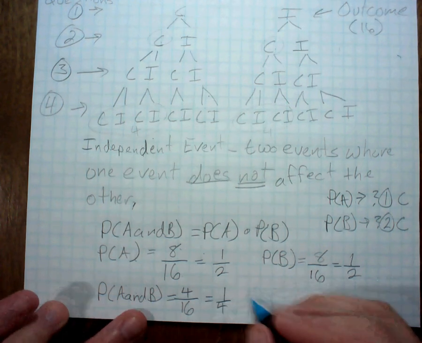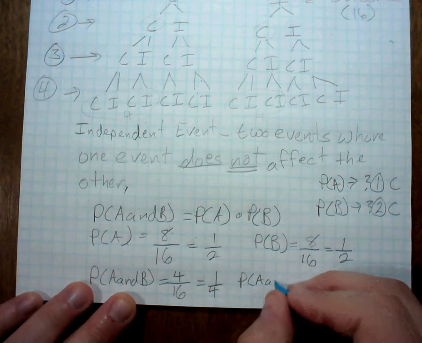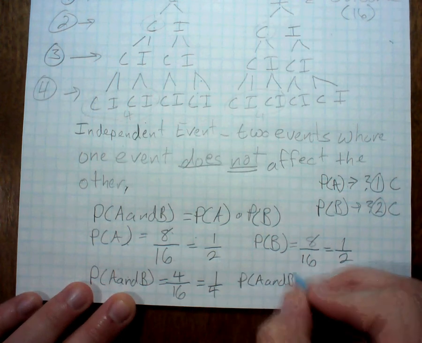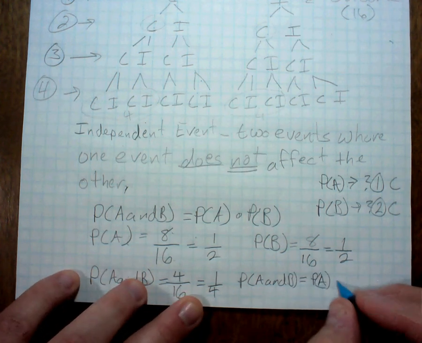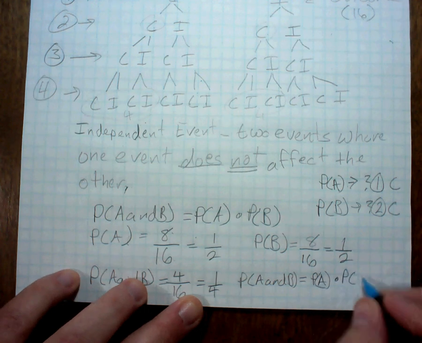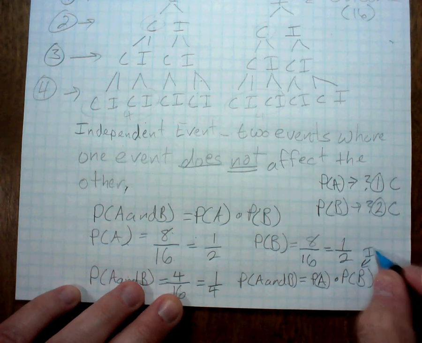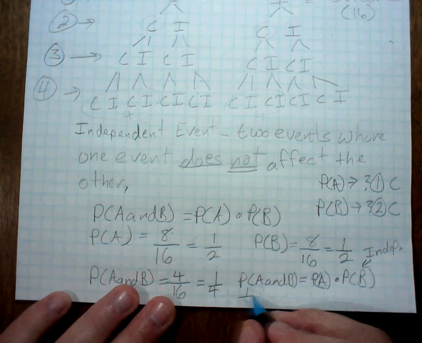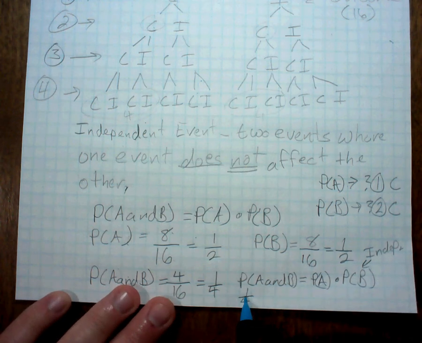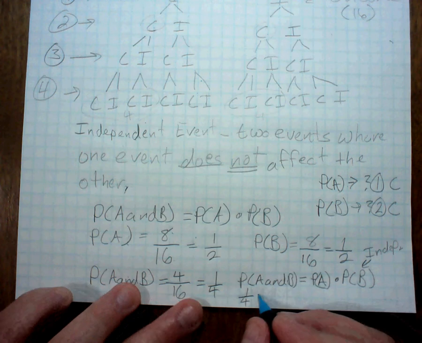Now we said that the probability of the first question being correct and the second question being correct would be the probability of the first times the probability of the second, only if they're independent events. The probability of A and B, in other words, question 1 and 2 being correct, is 1 out of 4.